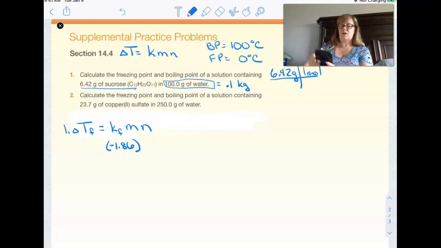That means carbon is 12. We have 12 times 12 plus 22 hydrogens, which is just a 1, plus 11 times 16 for oxygen. So we get a molar mass of 342 grams. So 6.42 divided by 342 gives us the moles of 0.0188.